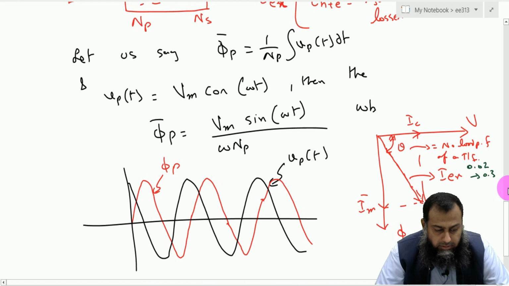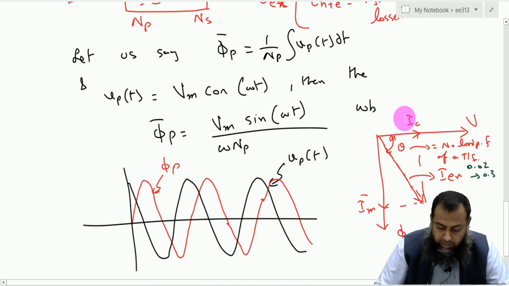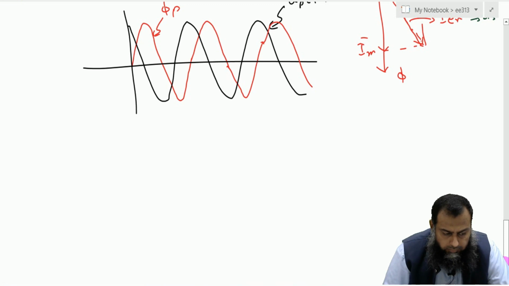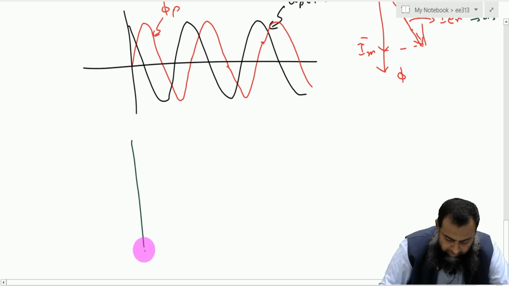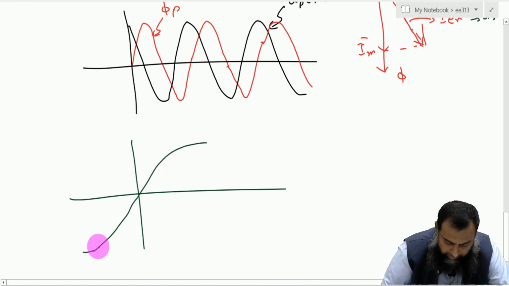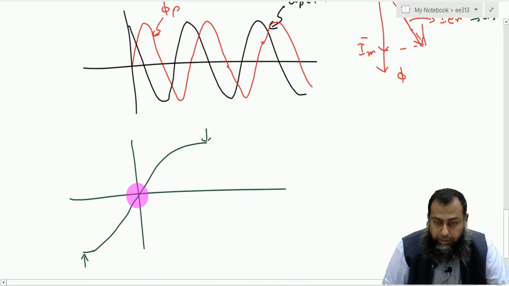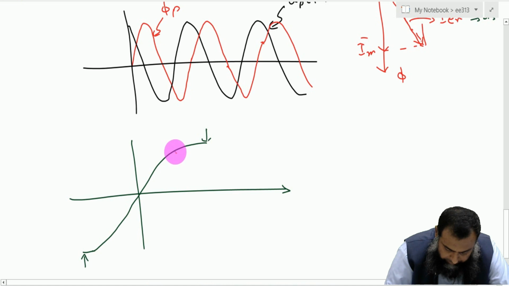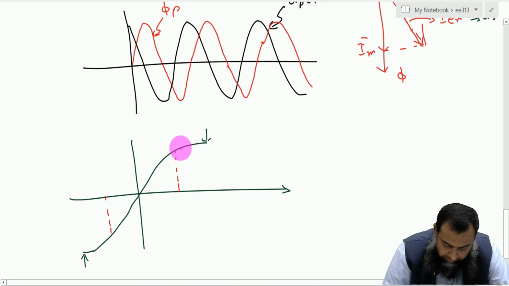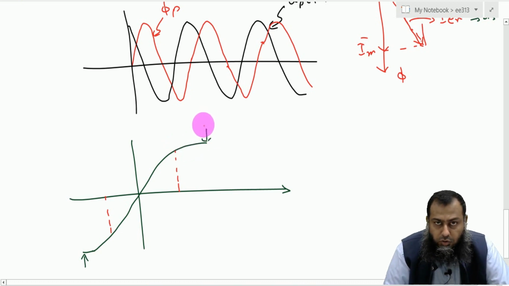So let us see what happens with the magnetization current, and what is the shape of the magnetization current. Suppose that we have a material which has a very thin BH curve here. So it saturates here, and it passes through somewhere from this particular point. This BH curve has some part which is sort of a linear part, and then we have a part which is the saturation part, where the core becomes saturated.